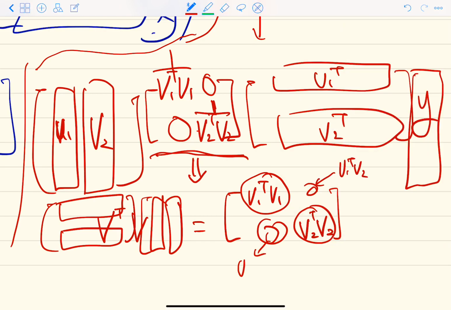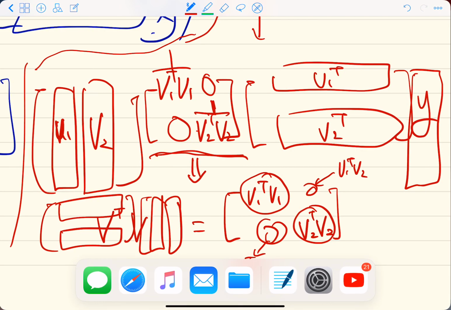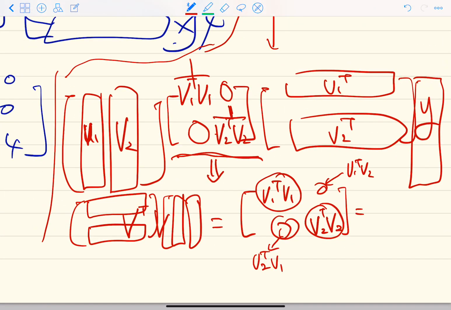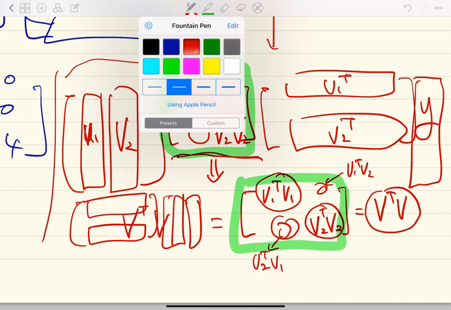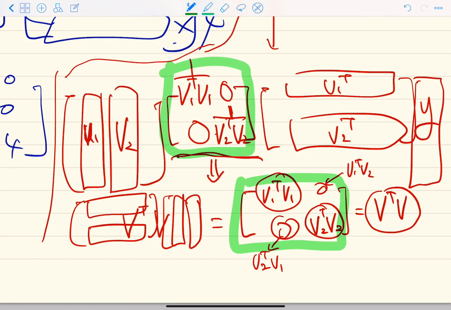So this is V transpose V. Does it make sense? Okay, so we formed this, but we need the element-wise reciprocal of this original matrix. So I'll just give the answer: this part is V transpose V inverse.